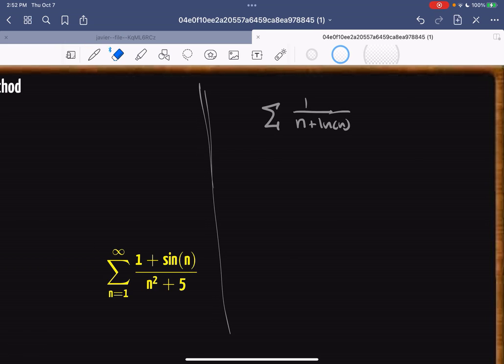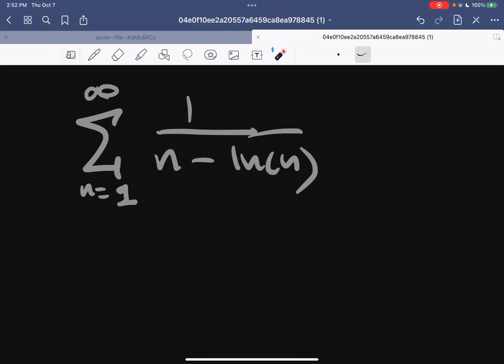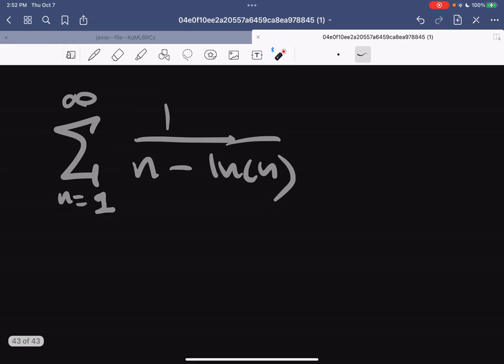We're going to change this to n minus ln of n. How would you show this converges or diverges as n runs from 1 to infinity? I could put a 1 there because if that was a 1, this would be 0, this would be a 1, so the denominator would be okay, it wouldn't be 0. That's why you paused.